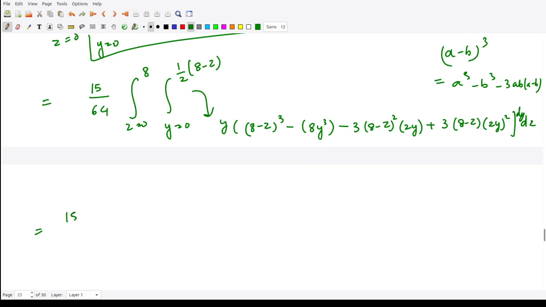So it would be 15 upon 64, integration z varying from 0 to 8.